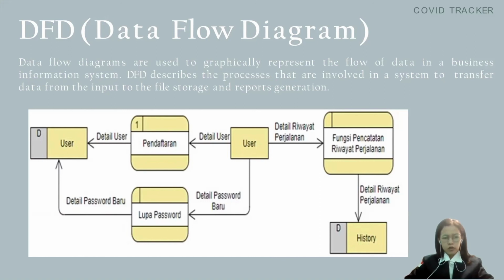Also, when a user wants to change his password by sending new password details, the forgot password process will also send the data to the user table database. Unlike the previous cases, which send data to the user table, when a user travels or searches a location in the lihat peta sebaran feature, the trip history recording, or pencatatan riwayat perjalanan, process will send the trip data into the history table database.